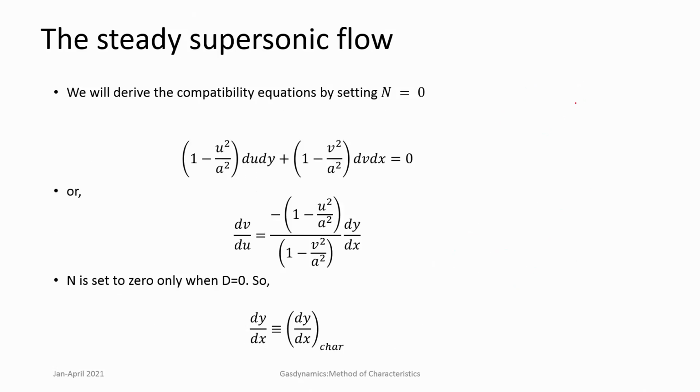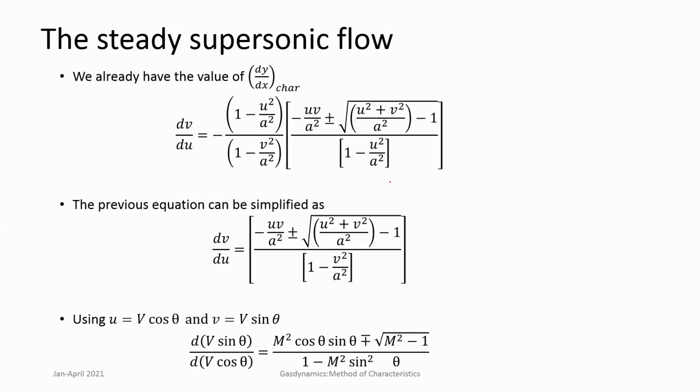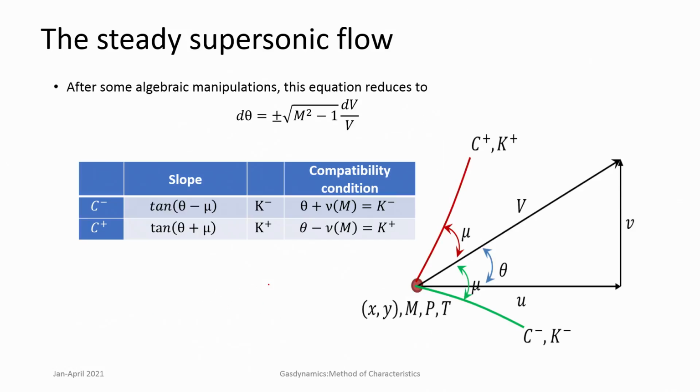Okay. Now, what happens to the compatibility condition? We can set the numerator equal to 0 and along the particular direction dy by dx, where dy by dx is the characteristic curve. We already know what dy by dx is for the characteristic curve. We can solve this equation for dv by du, putting u is v cos theta and v is v sin theta.